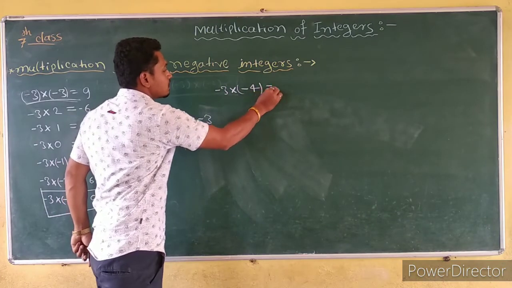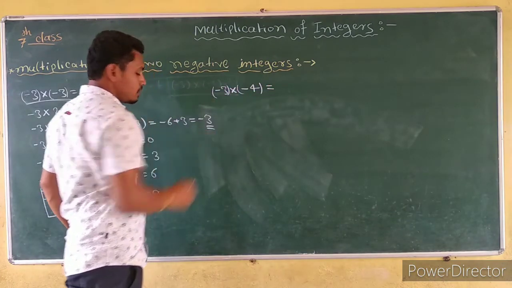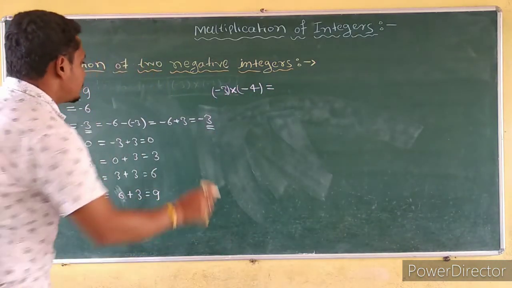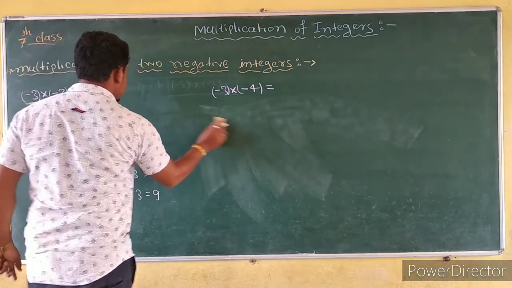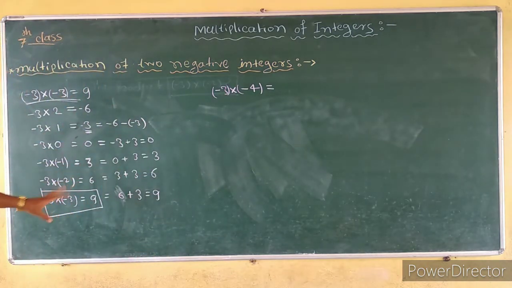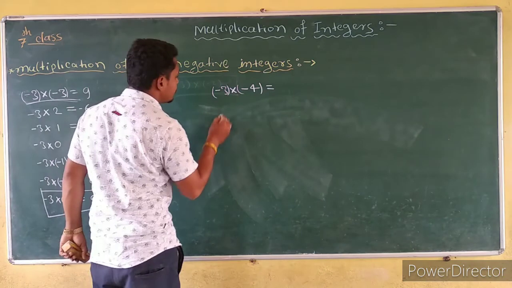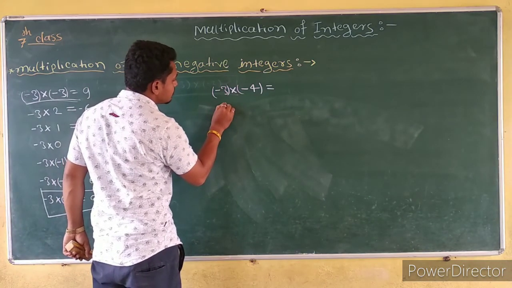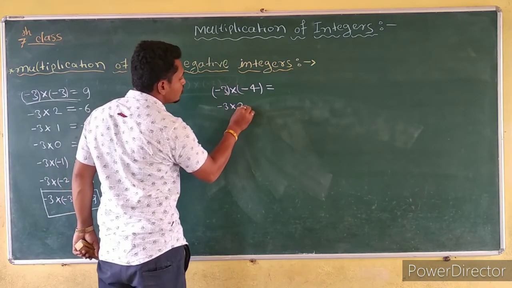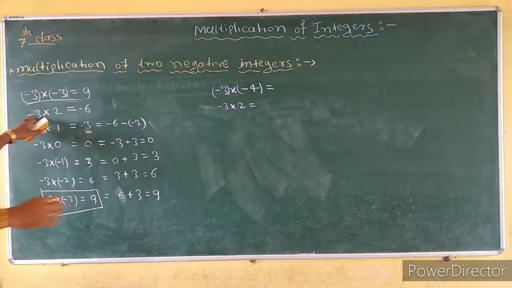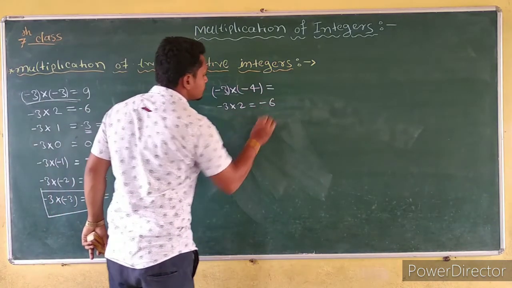Next, see another example. Take another example similar to this step. Okay. See, let's check. Minus 3 into 2. Minus 3 into 2 is equal to minus 6.